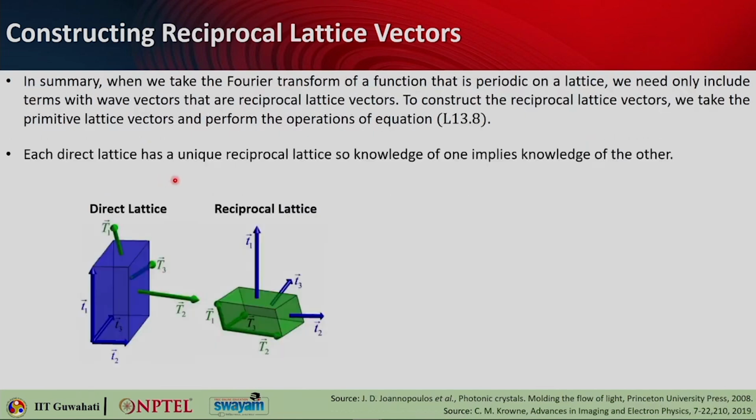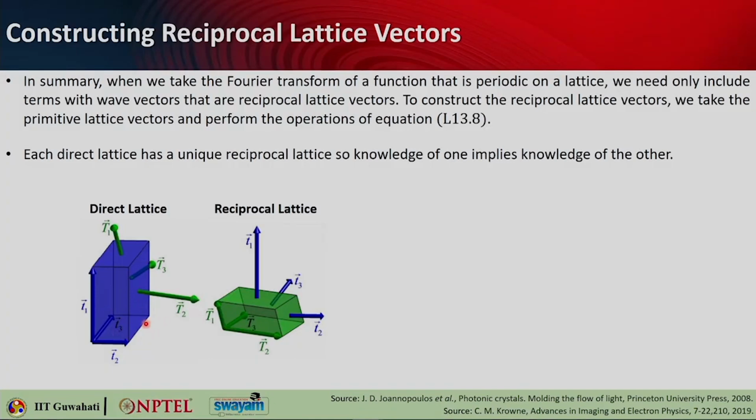Each direct lattice has a unique reciprocal lattice, so if you have knowledge of one, you have knowledge of the other, because they correspond uniquely to each other. If you take a direct lattice like this, the blue one shows the primitive lattice vectors, and in the green one, the capital ones show the primitive reciprocal lattice vectors.